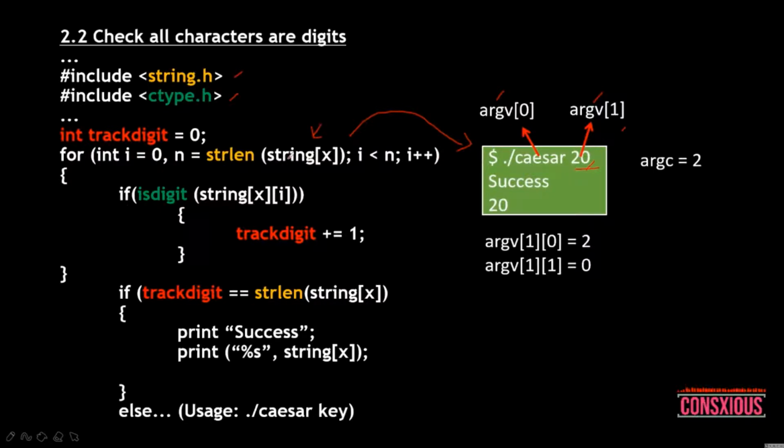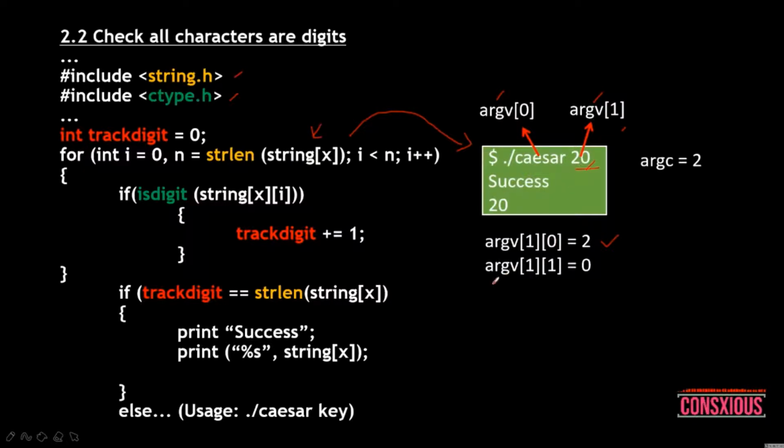Let's explain what this is. If the character here is a digit, it's considered a pass. So we put an example, for example, argument vectors index 1, 0. 1, 0 is actually 2.